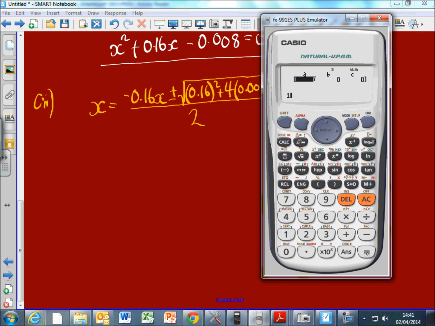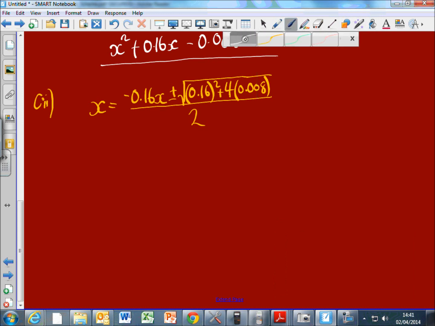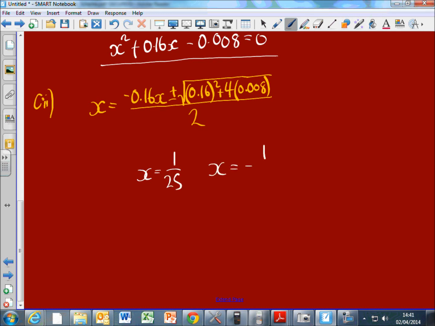Well, a is 1 and b is 0.16 and c is negative 0.008, so I'm just going to cheat really, and press equals, and I get my 2 x values. I've got 1 over 25 and minus a fifth. So the x values are x equals 1 over 25 and x equals minus 1 fifth.